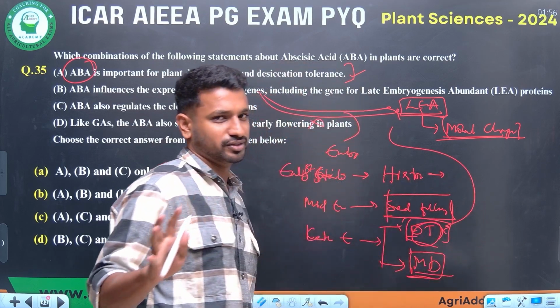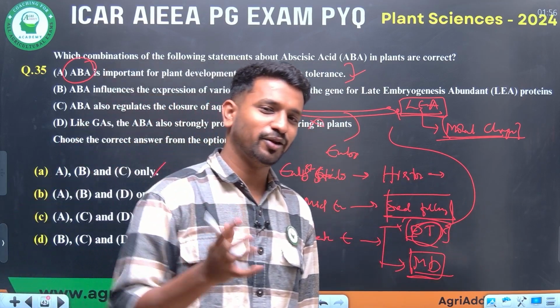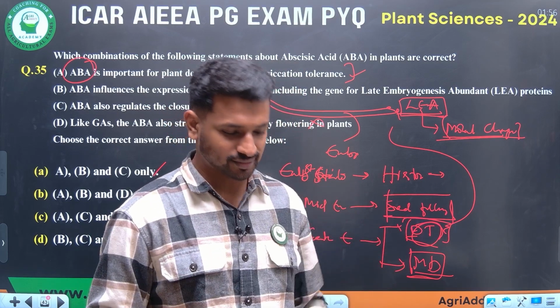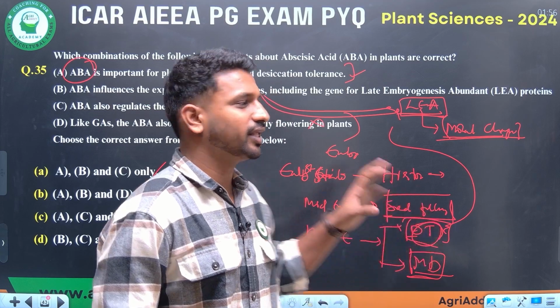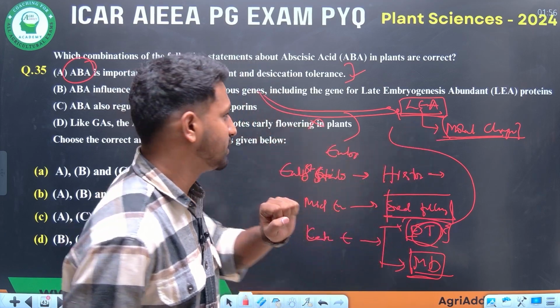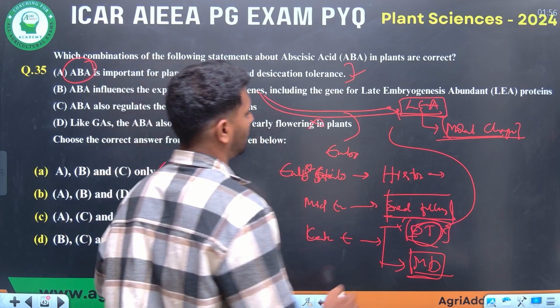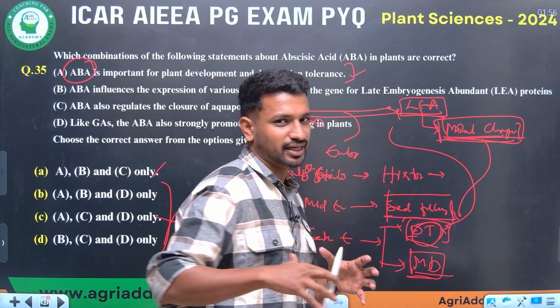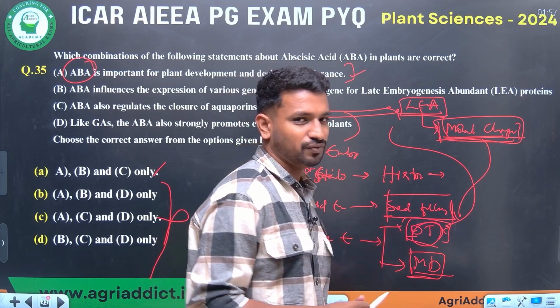So in simple words, if you go in depth, there are a lot of mechanisms that work here, but for you, remember these things, the correlation between the LEA protein and the ABA. Because of the ABA, the LEA protein starts synthesizing, and this functions as a molecular chaperone, which helps in making the cell stable under the condition of drying.